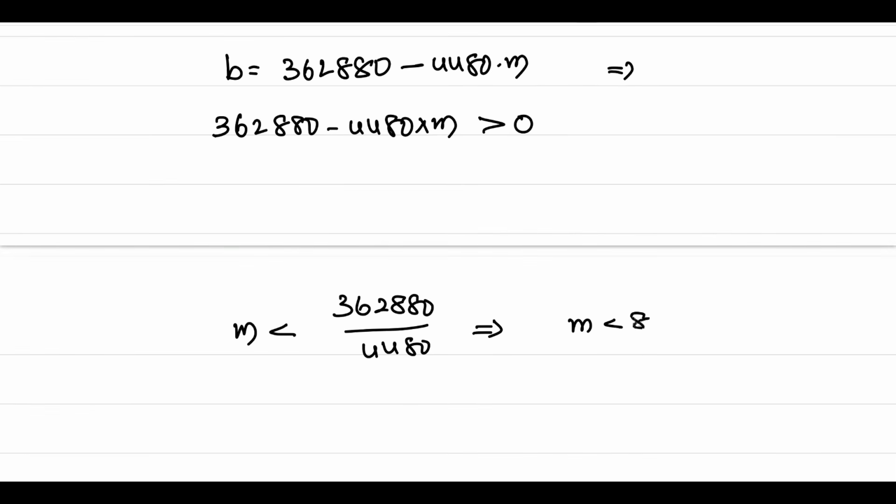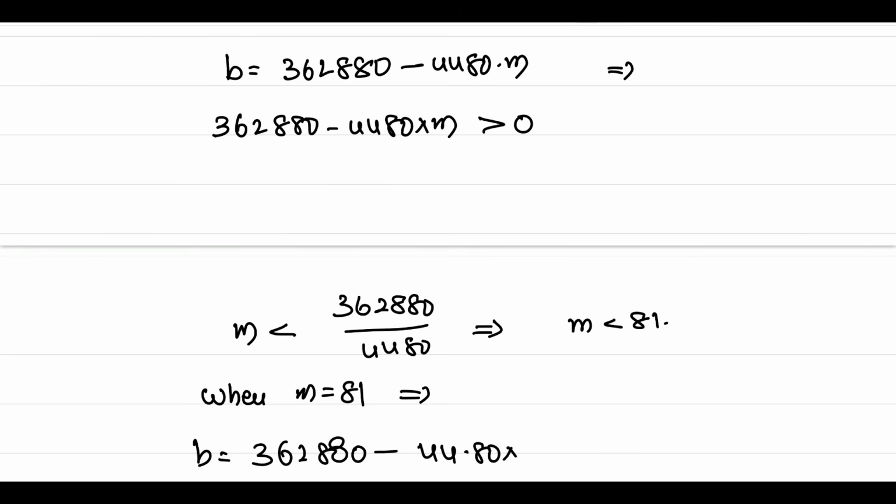M must be less than 81, because when M is equal to 81, B is equal to 362880 minus 4480 into 81, which is 0. We don't want 0. B cannot be 0. Then M should be less than 81.